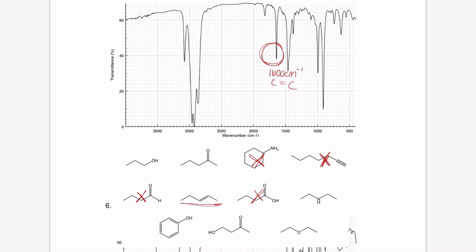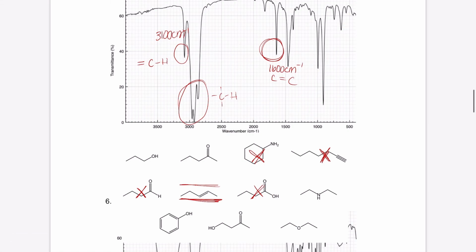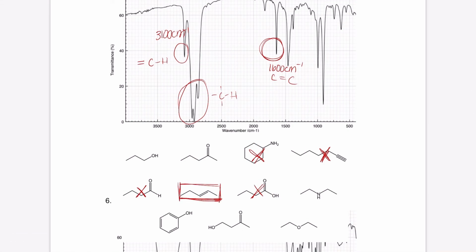So that leaves us with just our 2-pentene. We have our alkane stretching, and then coming off our alkane stretching around 3100, we have our carbon-hydrogen alkene stretch. So that is how we could determine that 2-pentene is going to be our structure.